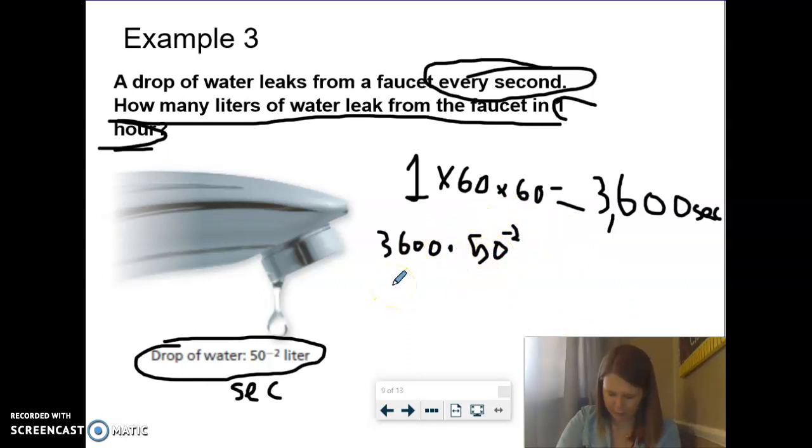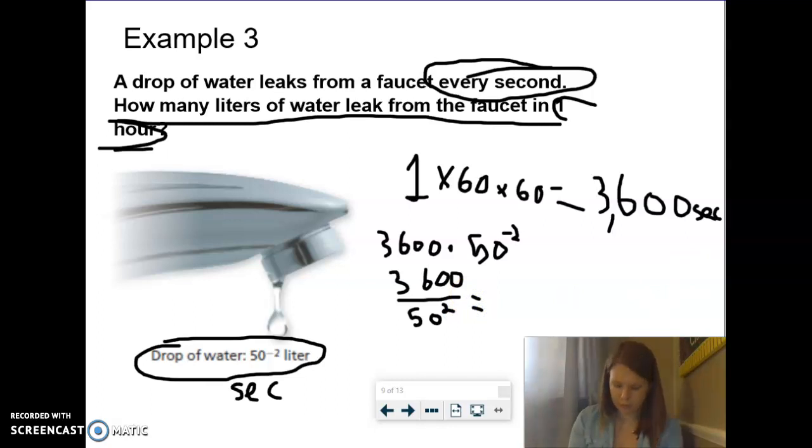So really then I would have 3,600 out of 50 squared. Because again, I'm changing that exponent from a negative to a positive when I move it to the bottom.